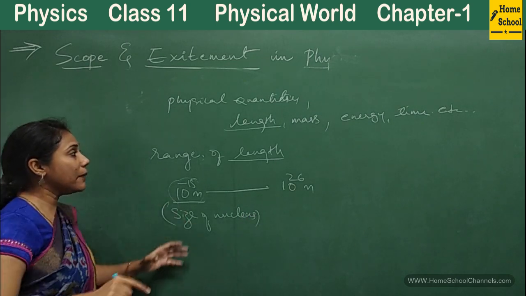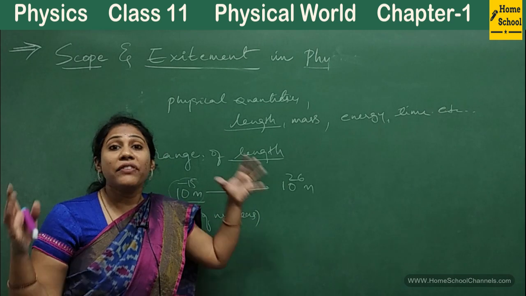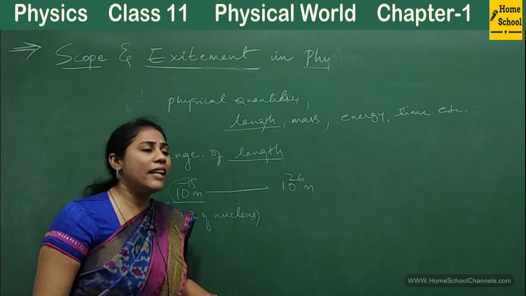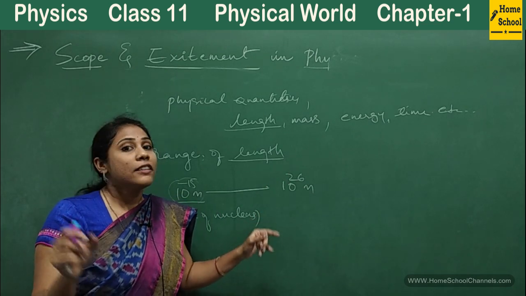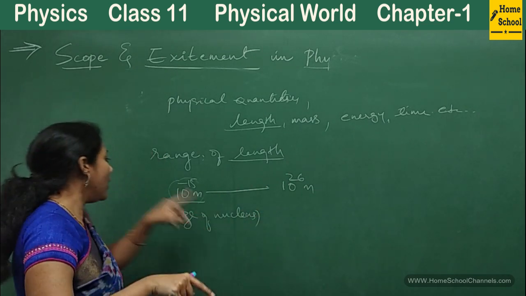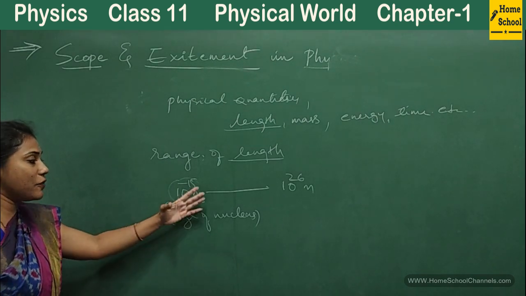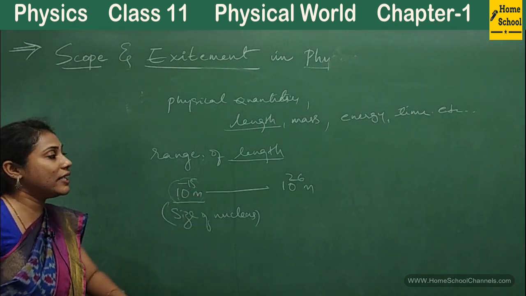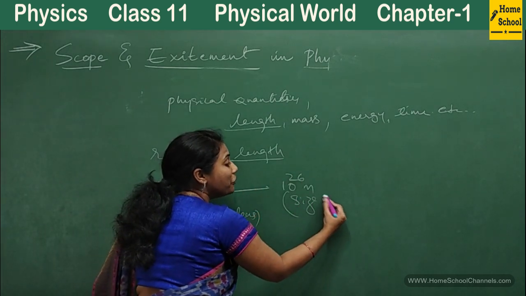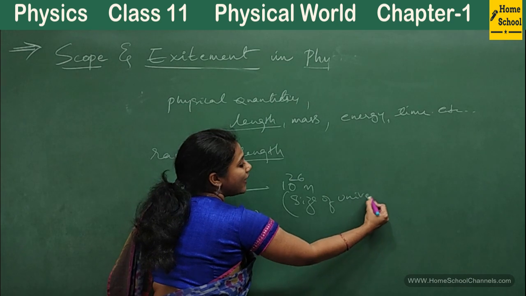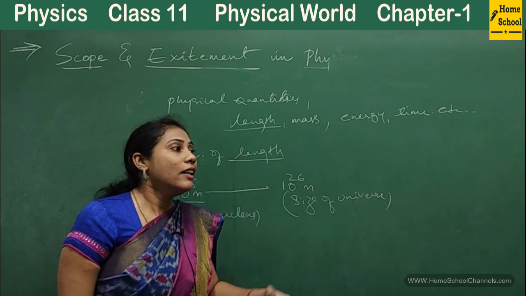Size of nucleus is this much. I mean, when we measure the length of something in physics, we can measure very small lengths and we can measure very big lengths. We can measure lengths as small as 10 power minus 15 meters, for example the size of a nucleus, and 10 power 26 meters is the size of the universe. See, universe is actually limitless, there is no end.